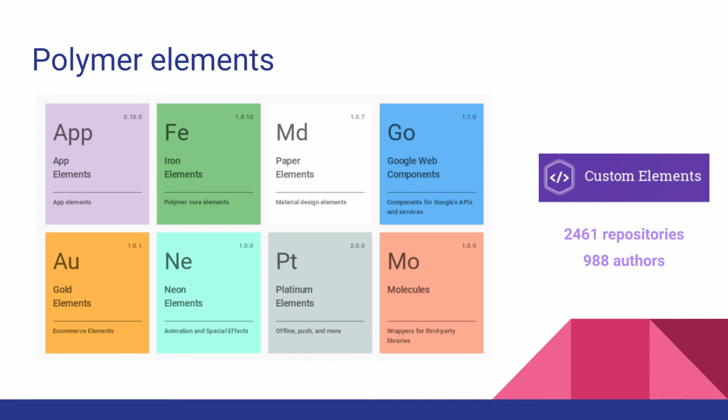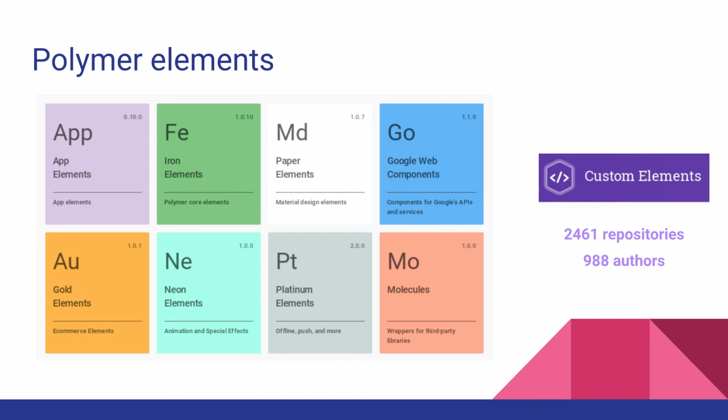You have the paper elements, and these are material designed and also often just extend the normal HTML element. So you can have paper-input, for instance. That's an input field with material design. And the Google Web Components, there are all the Google APIs, so you have maps and so on.